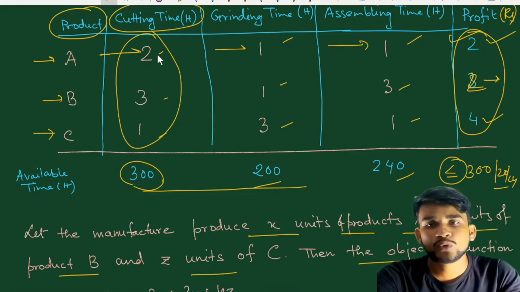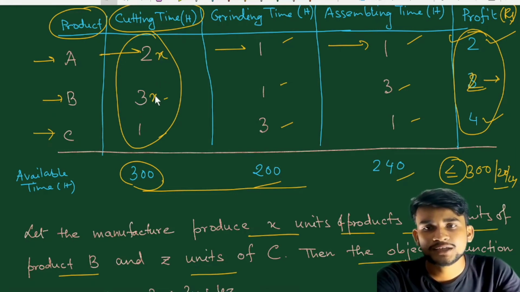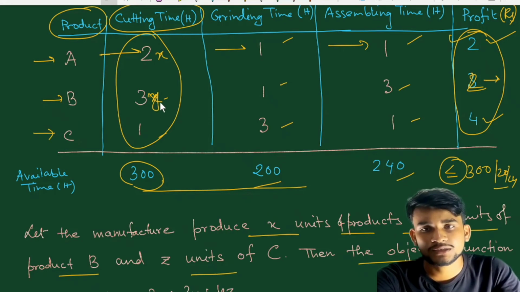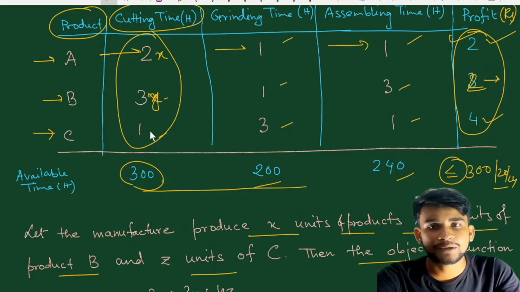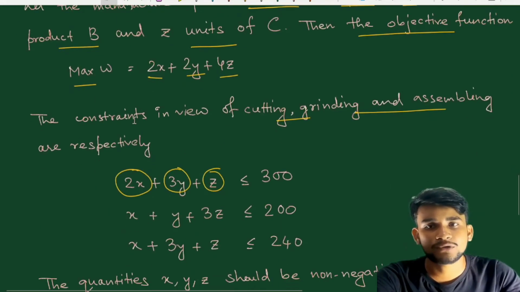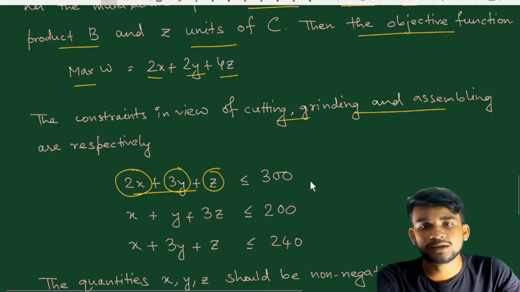Therefore 2x is the total cutting time for A, 3y is the total cutting time for B, and z is the total cutting time for C, and the total cutting time available is 300 hours. Therefore 2x plus 3y plus z is less than or equal to 300.